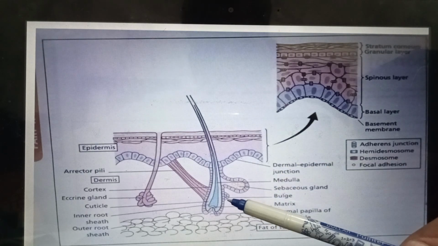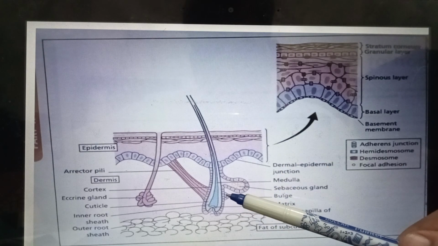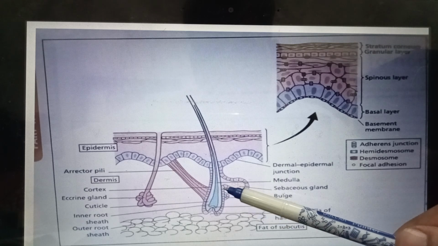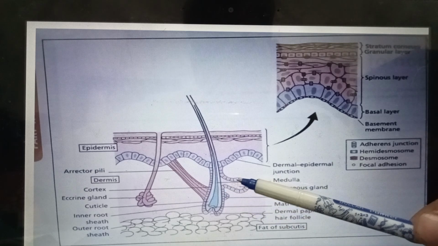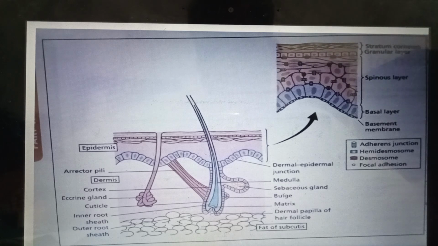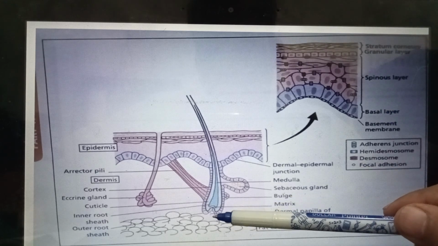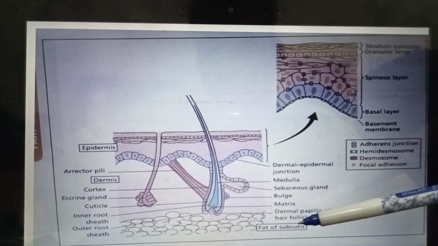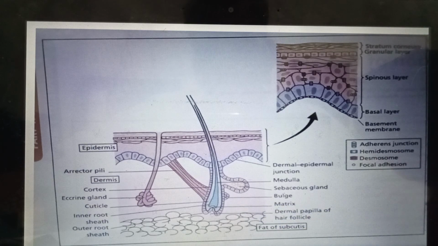There is also a bulge of cells. From here, these basal cells move in an upward direction and form the sac of the sebaceous gland. At the base of the hair follicle, you will find the dermal papilla. This dermal papilla is the main region of the hair follicle, where hair growth activity is controlled.